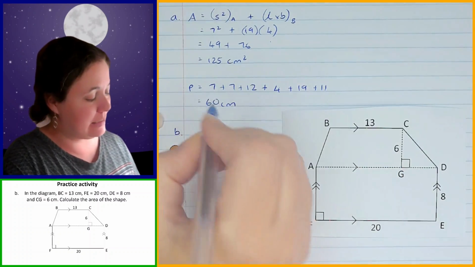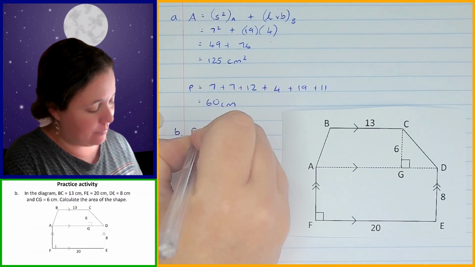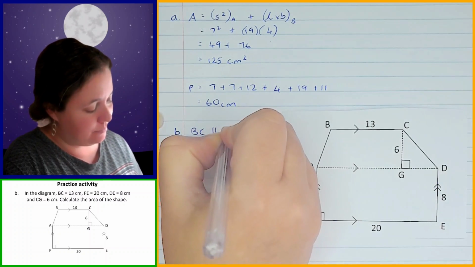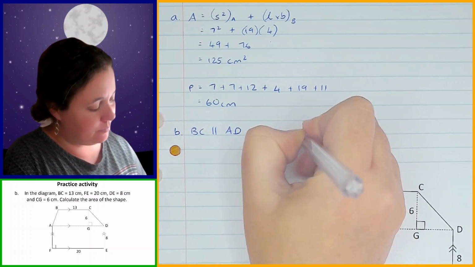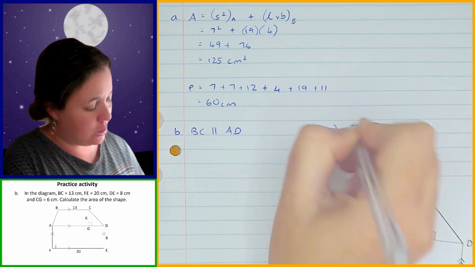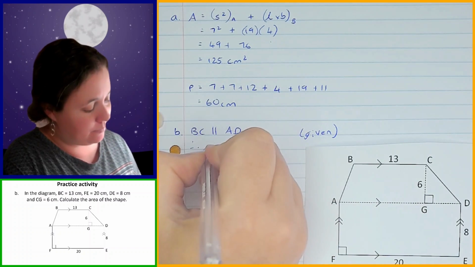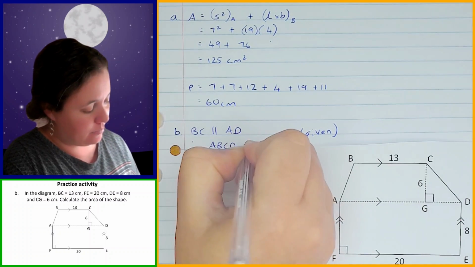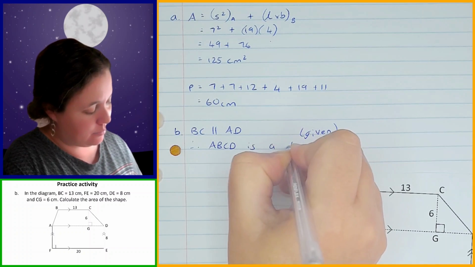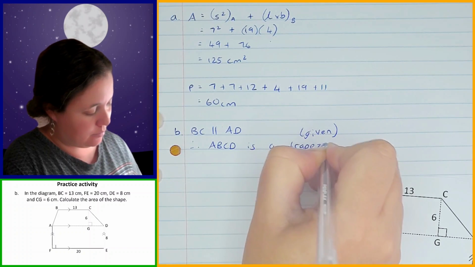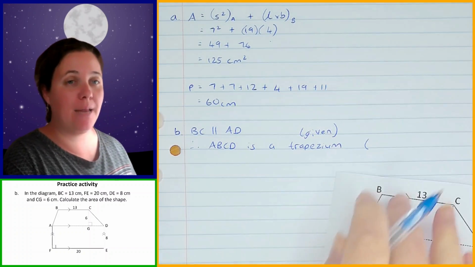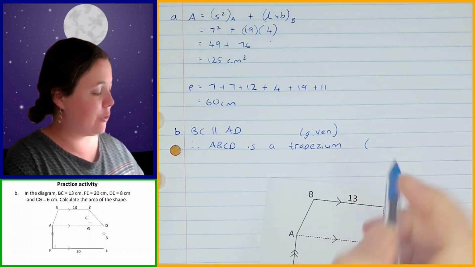So I can say that BC is parallel to AD. That was given. So therefore, ABCD is a trapezium, and I know that because I've got one pair of opposite sides parallel.